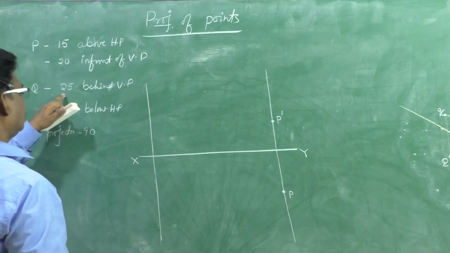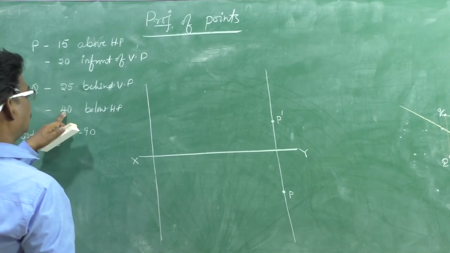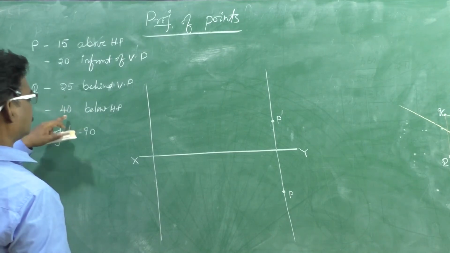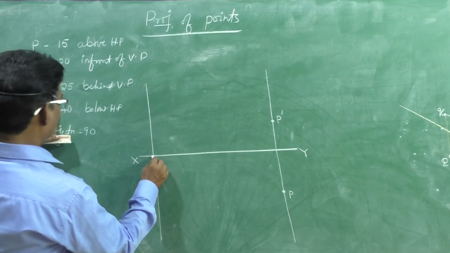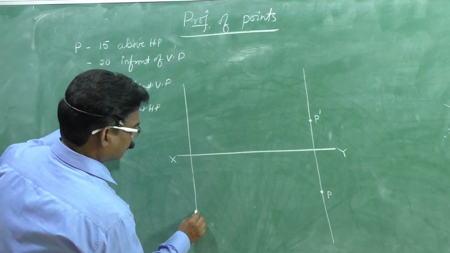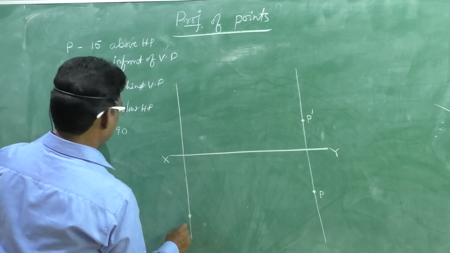Now come to Q, behind VP and below HP. Suppose it is behind VP and below HP, first we can write that. Below HP, we can see it in the front view. This is 40 mm, right?